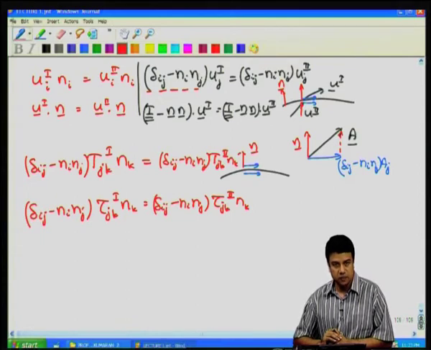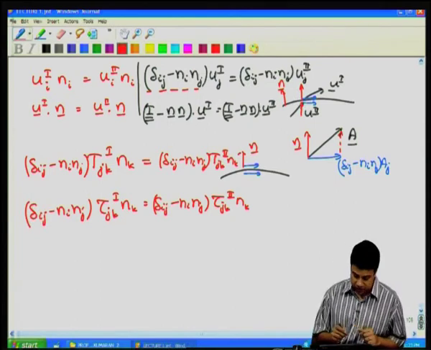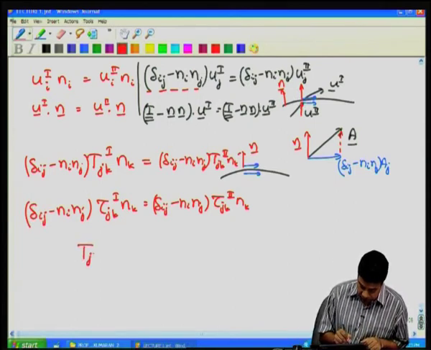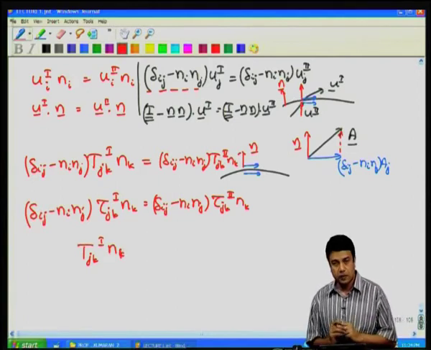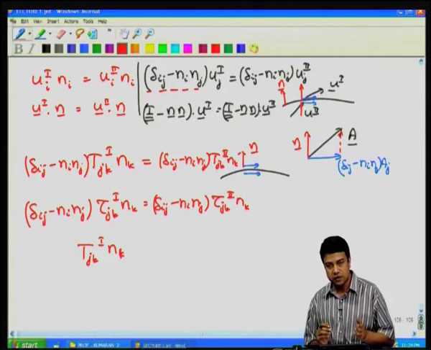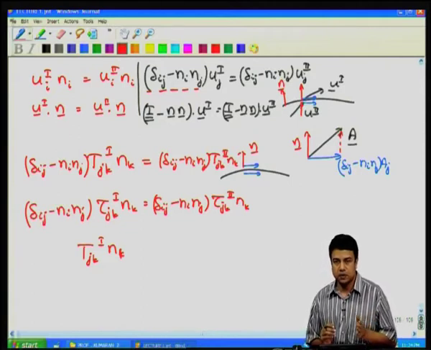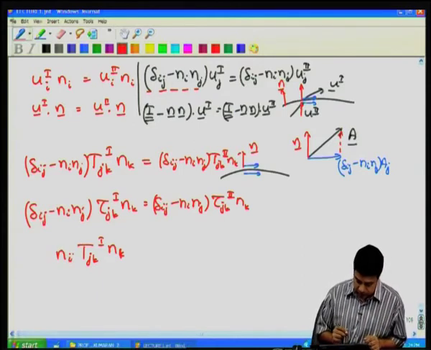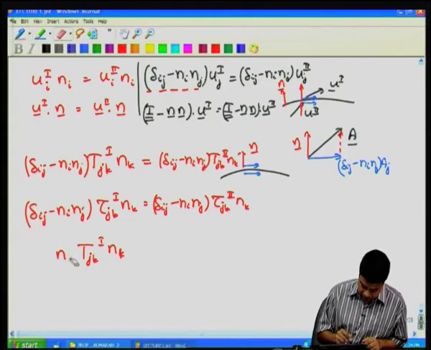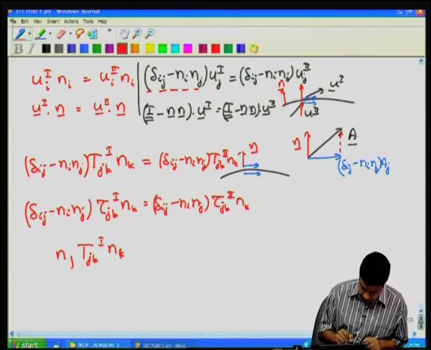Finally, for the normal component, the force acting at the interface itself is equal to T_jk^1 n_k. The normal component of this is this dotted with the unit normal. The normal component of force acting at the interface is just this dotted by the unit normal, that is this dotted with n_j.